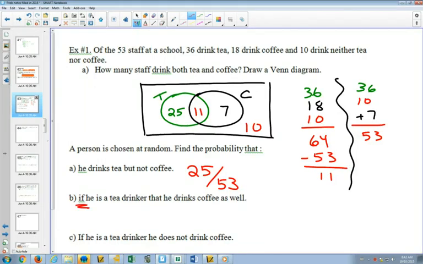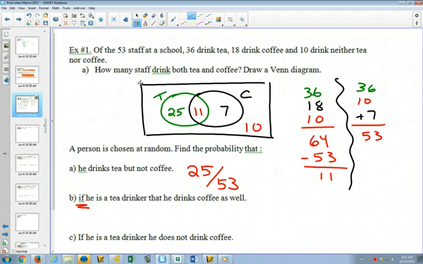A person is chosen at random. If he is a tea drinker, so as soon as we've got this conditional given to us, all of a sudden we're not looking at the entire 53 people. How many people are we looking at? We know he's a tea drinker. We now know there's only 36 tea drinkers. It doesn't matter anything else. Doesn't matter if he likes watching hockey or if he plays croquet on the weekends.